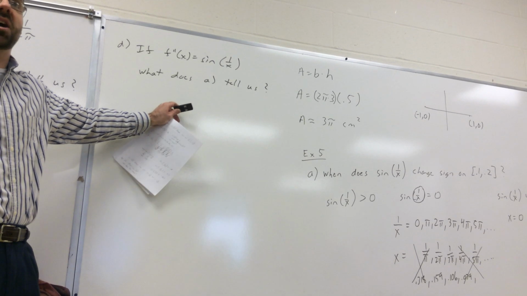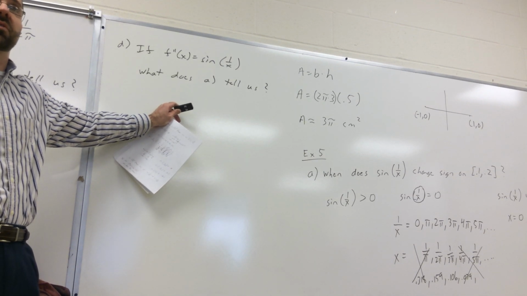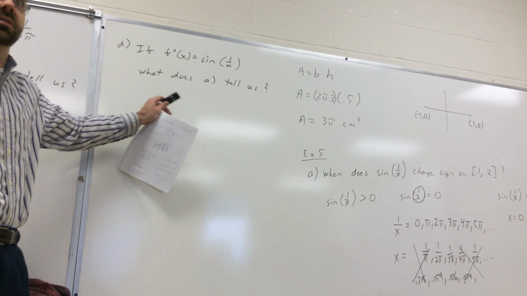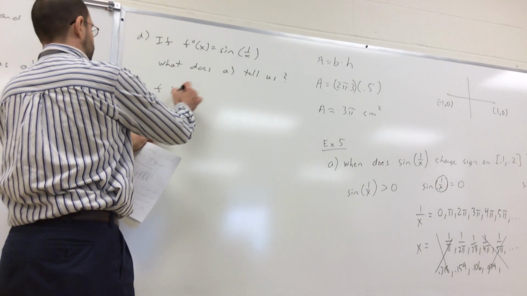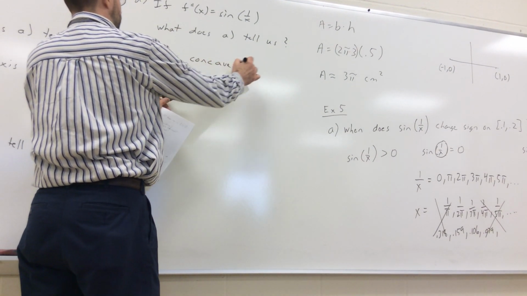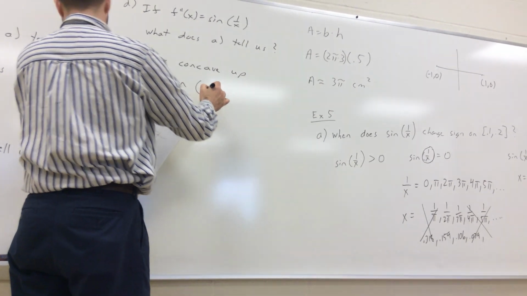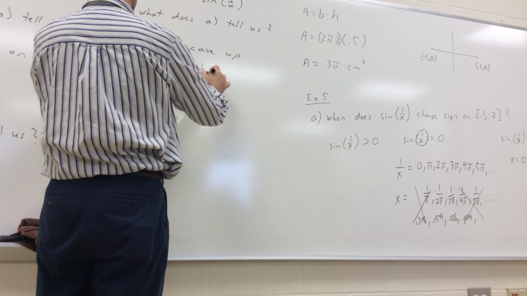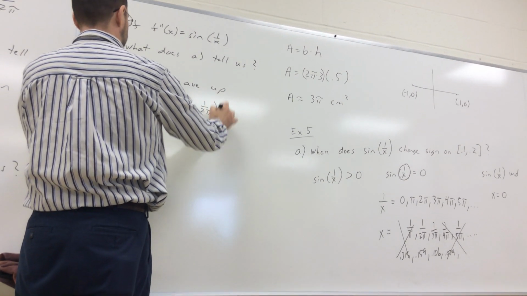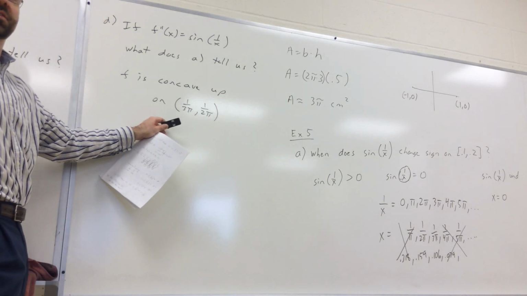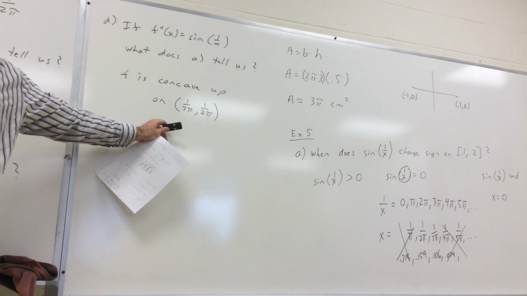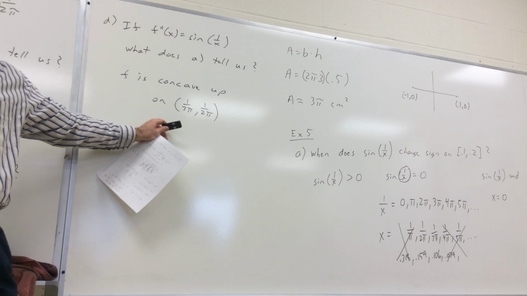Other way around, concave up. Because a positive second derivative means it's concave up. So f is concave up on the interval 1 over 3 pi, 1 over 2 pi. And there'd be inflection points at 1 over 3 pi and 1 over 2 pi, right?